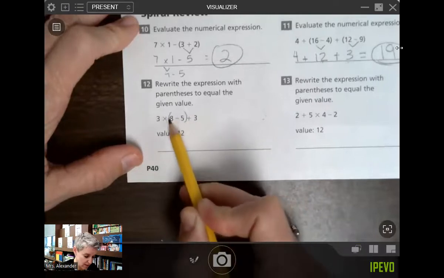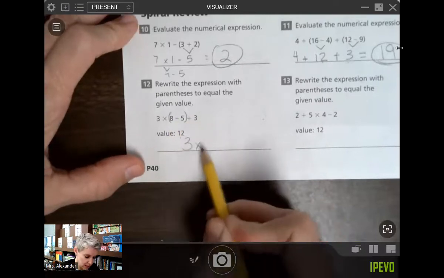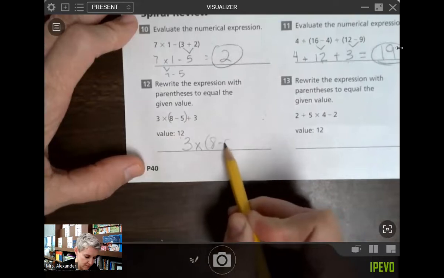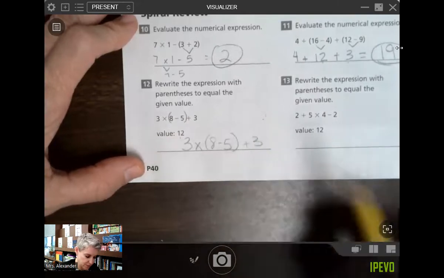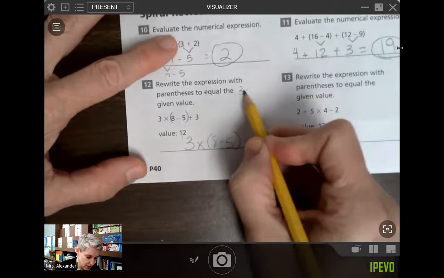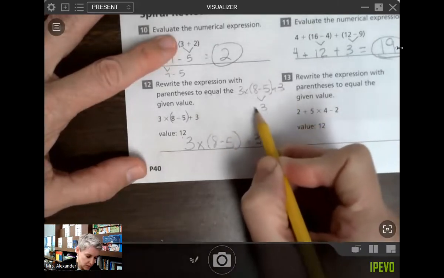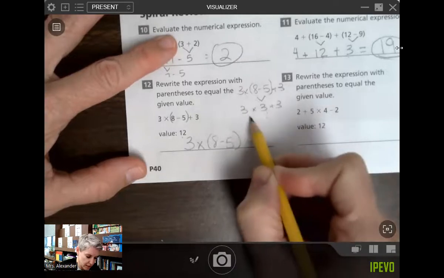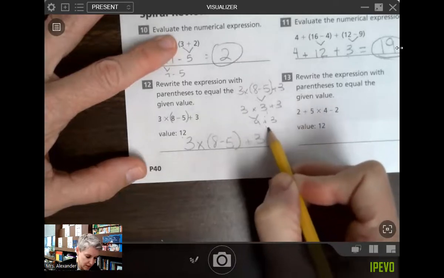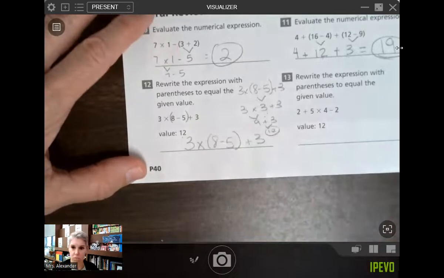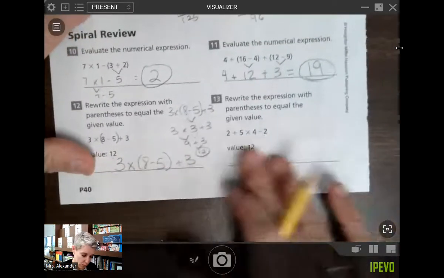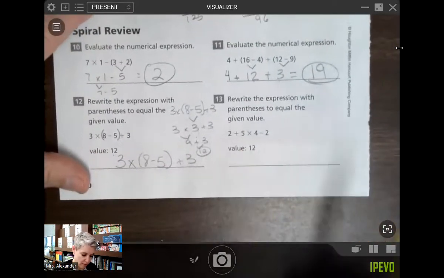Oh, I think they go right there. 3 times the difference of 8 and 5 plus 3. I'm going to check just to make sure I did that in my head. I want to check my work to make sure in my head matches, and it does. Good.